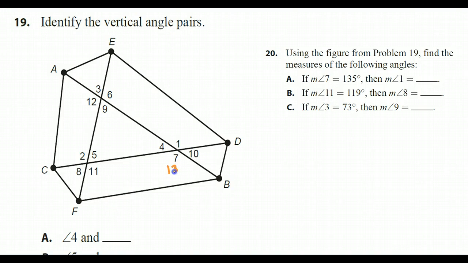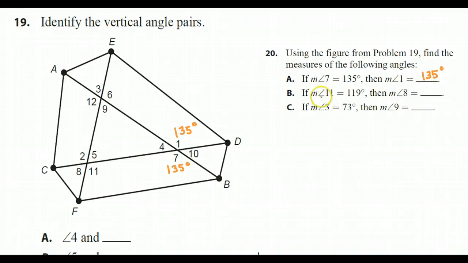If we look at angle 1, it is vertical with angle 7. All you have to remember about vertical angles, they're really easy, as long as you remember the fact that they're equal. So we really don't have any work to do other than to remember that fact. Okay, so angle 1 is 135 degrees.